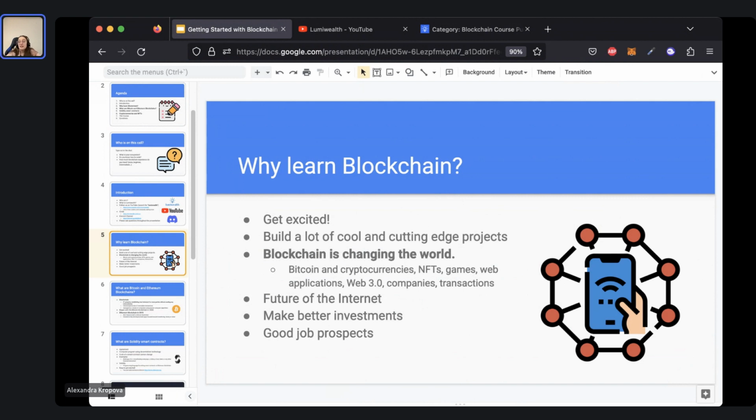We also have NFTs, which have become quite popular. Beyond that, we see the blockchain affecting things like websites, which we talked about yesterday. If you were here for my Web3 webinar, we talked all about how the blockchain is affecting software like video games, websites, mobile apps, desktop apps with Web3.